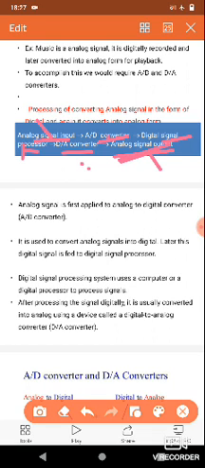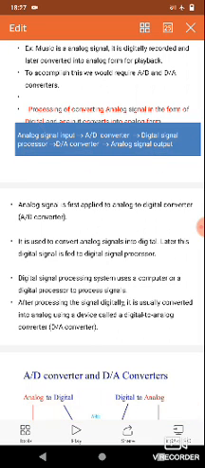The analog signal is nothing but the playback signal. First analog input, analog to digital conversion, next digital output. The digital output will be converted again by the digital to analog converter, and the output is the analog signal only. So it will be converted into analog form only.